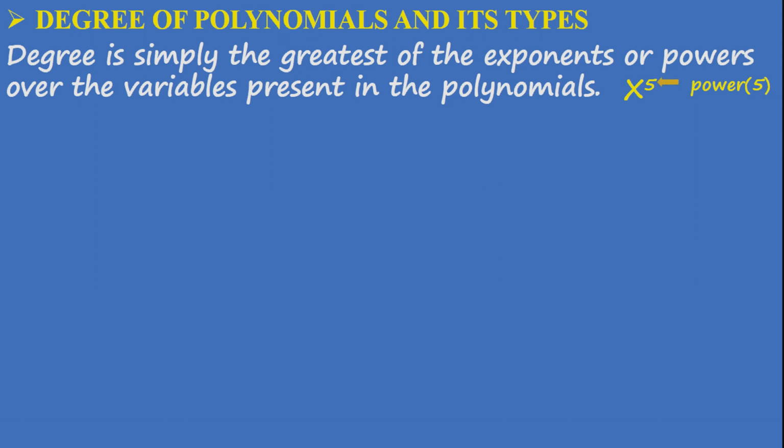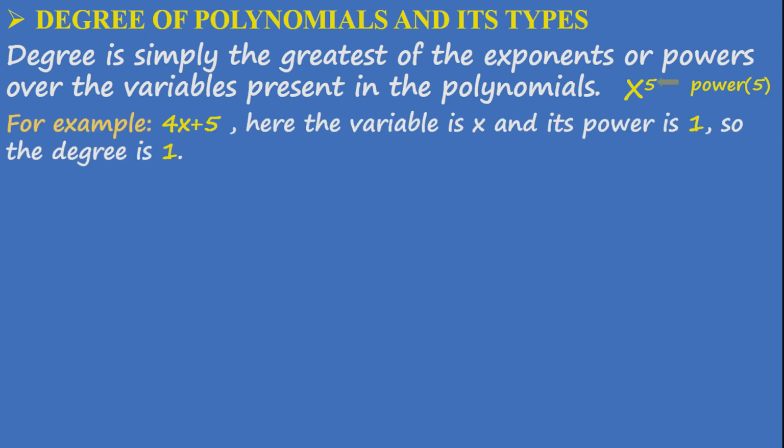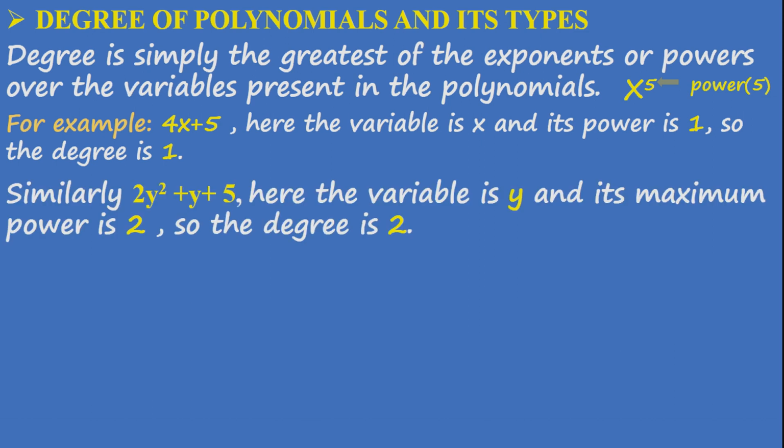Now for getting the concept of degree, we take a polynomial, that is 4x plus 5. As we can see here that the variable is x and the power is not mentioned on it. So it means that the power is 1, right? Which is the maximum here. So the degree of this polynomial will be 1. Now we take another polynomial, that is 2y square plus y plus 5.